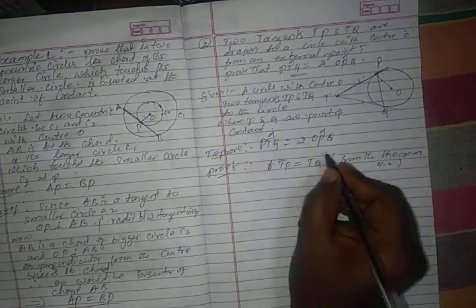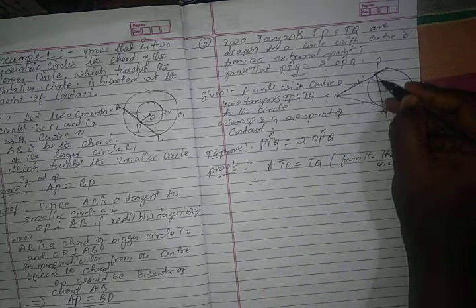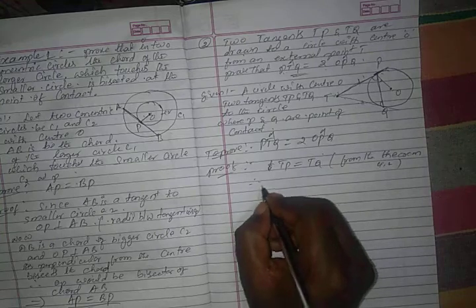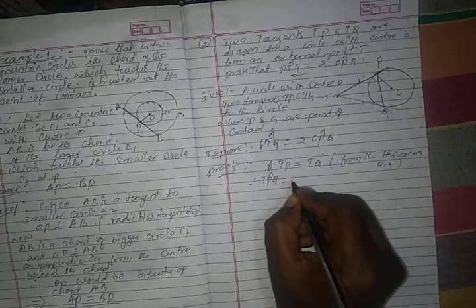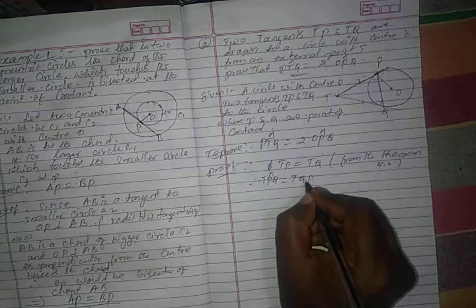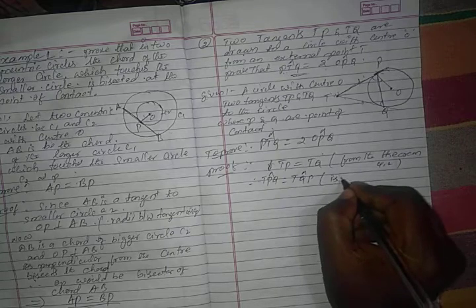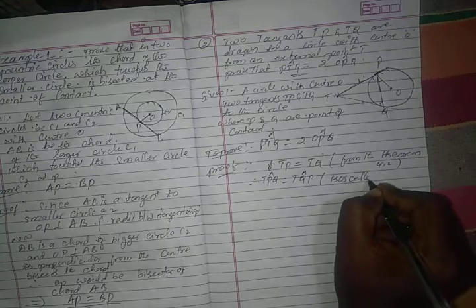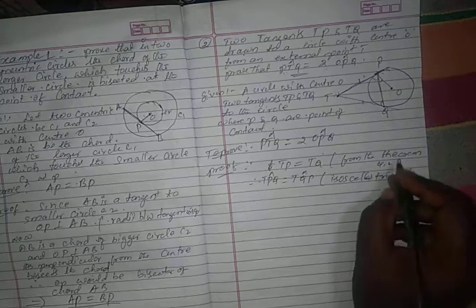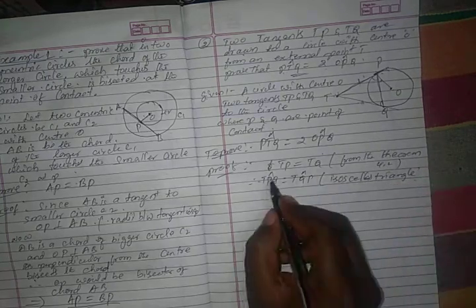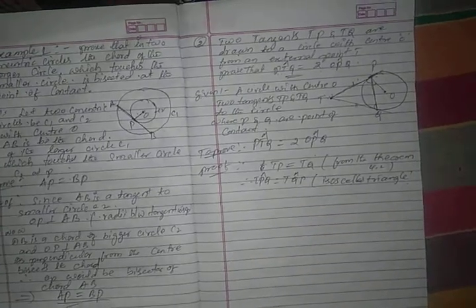Therefore the sides are equal, so the base angles are equal. Therefore angle TPQ is equal to angle TQP. So the base angles are equal, as in an isosceles triangle.